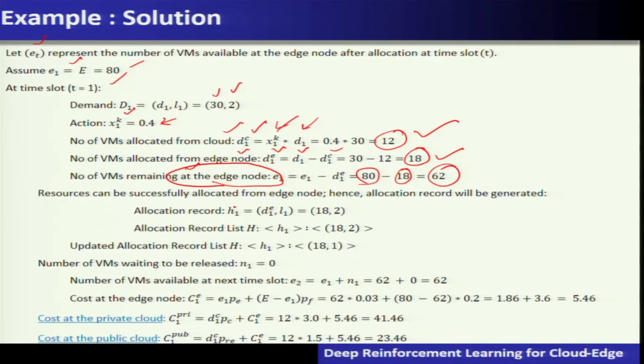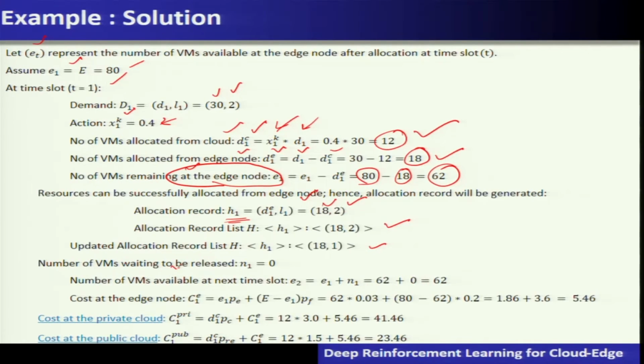So the resources can be successfully allocated from the edge nodes, hence the allocation record will be generated in this manner. The allocation record structure will be DE1 and L1, that is 18 VMs needed for 2 time slots. The allocation record therefore has only this particular record, and it is updated for the first time slot.